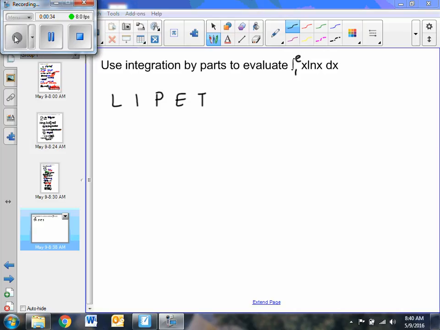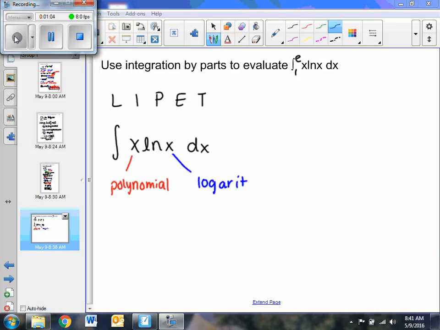So the way I like to handle integration by parts when I have limits of integration, so here we have 1 to e, is I like to first ignore them. So let's first consider just the integral of x times ln x. Now when I look at this, I see that I have a polynomial and a logarithmic function.